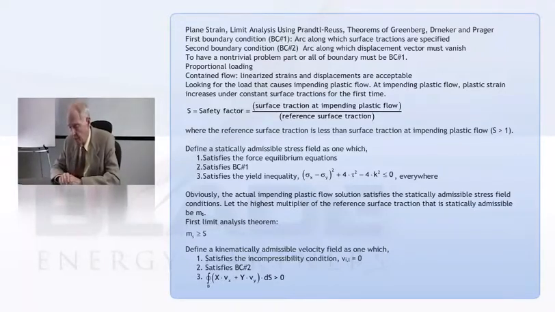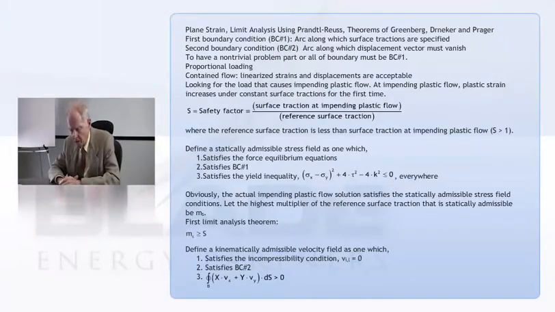Then there is a load at what Prager and Hodge call impending plastic flow. So that's when things start to go. And being rigid plastic, nothing happens as far as displacements go until that happens.